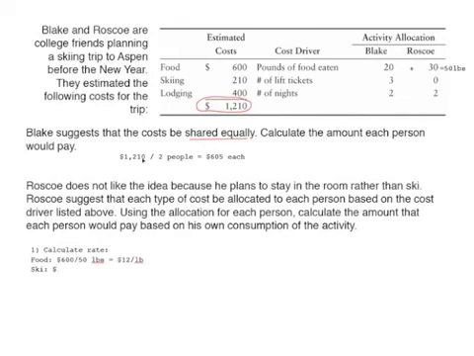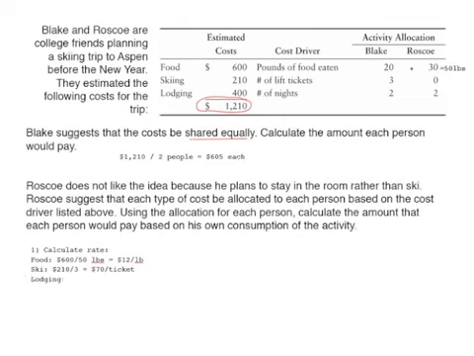Skiing, we see that our cost for skiing is going to be $210, and the total amount of ski tickets is 3. 3 plus 0 is 3. So 3 tickets. We find that our rate per ticket is $70.